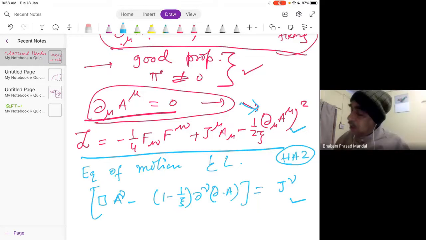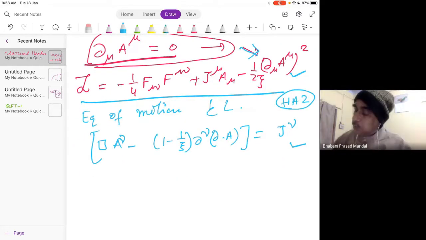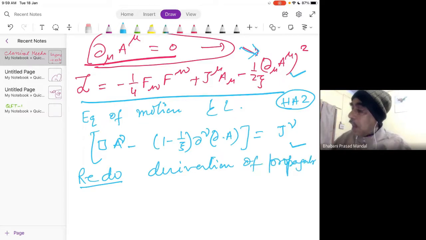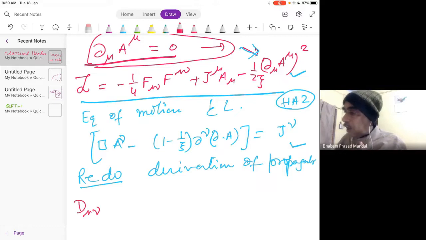Now, using this equation of motion, please redo the derivation of the propagator. Whatever propagator calculation I did today, you redo it and you will find the propagator G_μν. Now you can find your A and B, those two coefficients well defined.